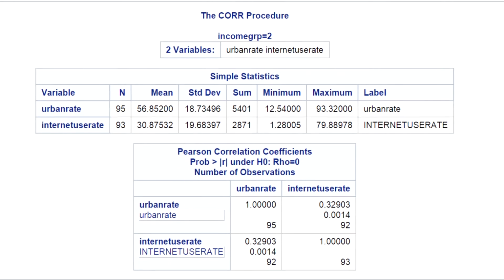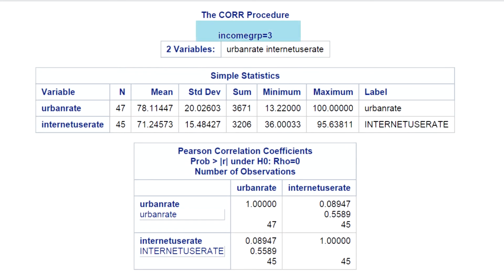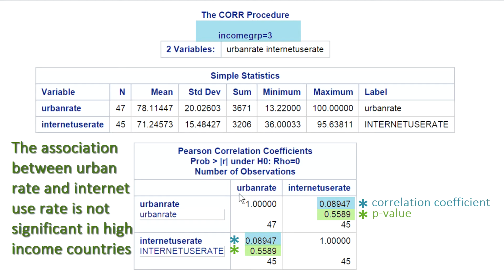For the moderate income countries, the association between internet use rate and urban rate is 0.329, with a significant p-value at 0.0014. And finally, among high-income countries, the correlation coefficient is 0.089, again with a large p-value, suggesting that the association between urban rate and internet use rate is not significant for high-income countries.